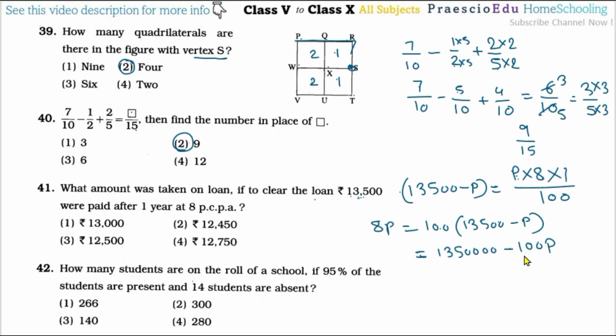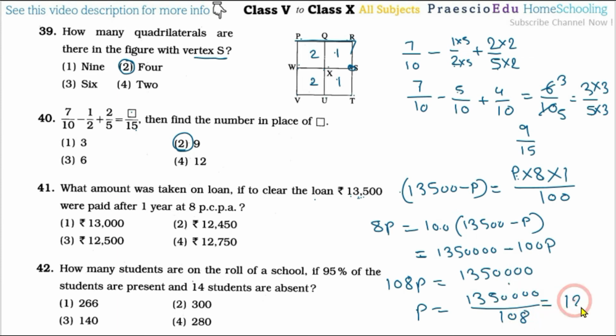So 8P plus 100P, that is 108P, equals 1350000. So P equals 1350000 divided by 108. After this division you will get 12,500. So the principal amount is 12,500, and this is given in option number 3.